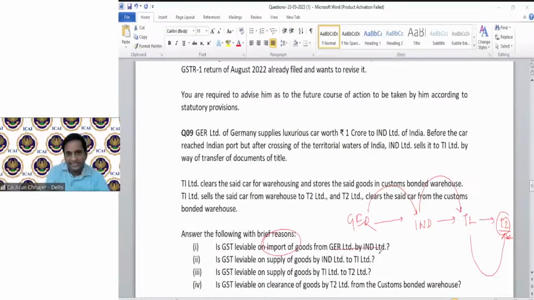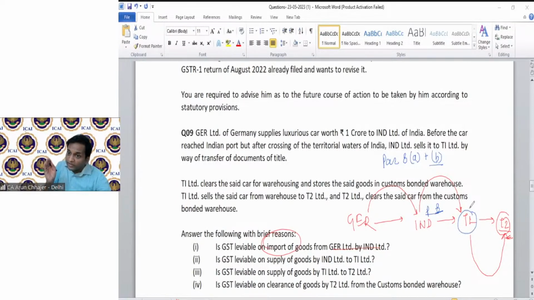Very nice. As per Schedule 3, Para 8A and 8B. 8B basically talks about high seas sale. If the goods are on high seas and you are selling on the basis of the documentation, no GST is applicable. Again, you are keeping the goods in the custom bonded warehouse, but you have not furnished the bill of entry for home consumption.